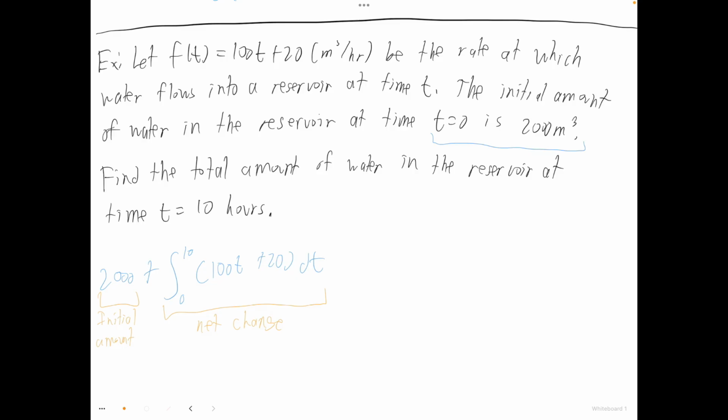But it's possible that water could have been going out as well, and so this could be a negative number. It's kind of like the idea of how you have area above the curve and below the curve. You can get a negative net change. Maybe water was leaving faster than it was coming in, so the overall amount could be lower. That's not the case here, but it certainly could be.